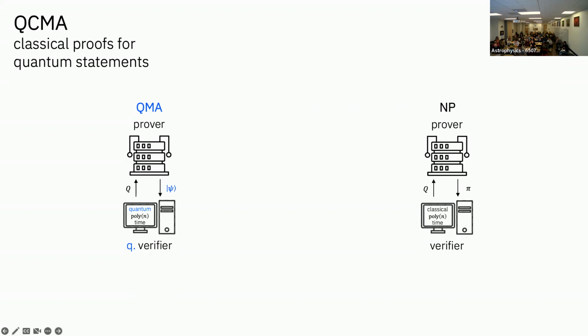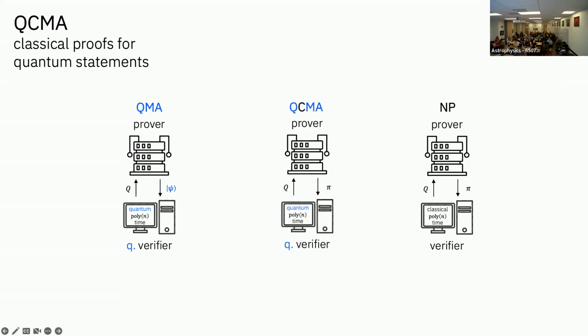QMA, you send a classical question, you get a quantum answer. Verifier is quantum, crucially. An intermediate class, QCMA, sits between them, where the communication is entirely classical. They just send each other letters, but the verifier is allowed to be a quantum device. And you trivially get this double containment: QMA contains QCMA, which contains NP.